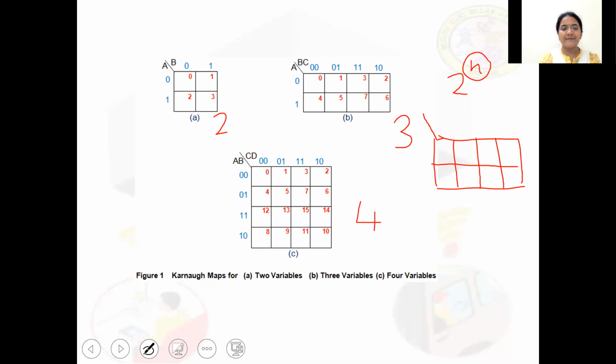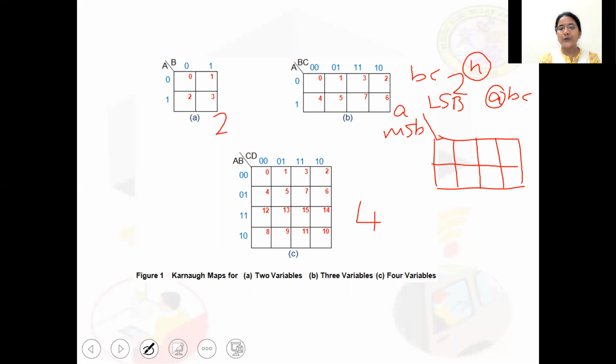And here we write the MSB for the rows and the LSB for the columns. Let us consider I am having 3 variables, that is A, B, C. And here the MSB I have to consider is the leftmost bit, that is A, and the LSB is BC.